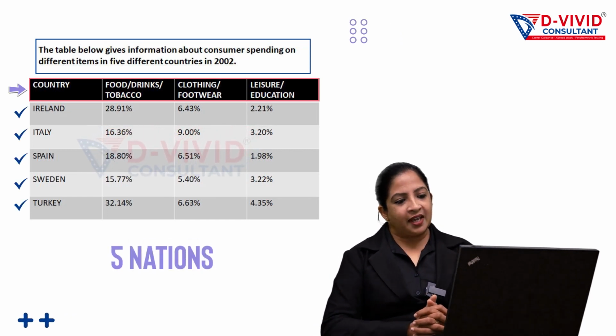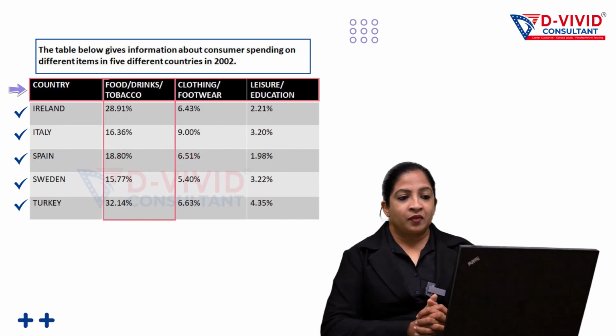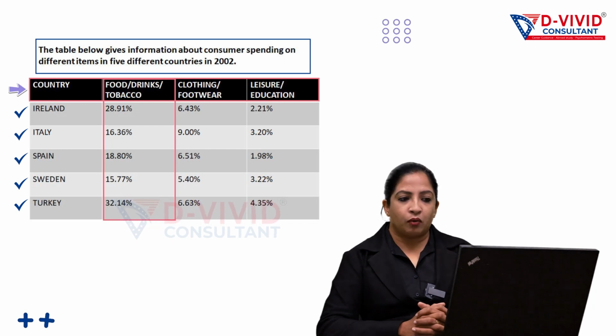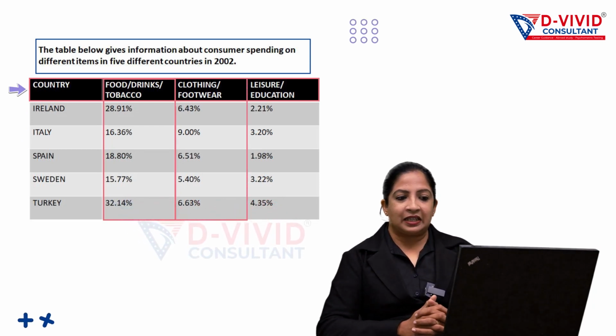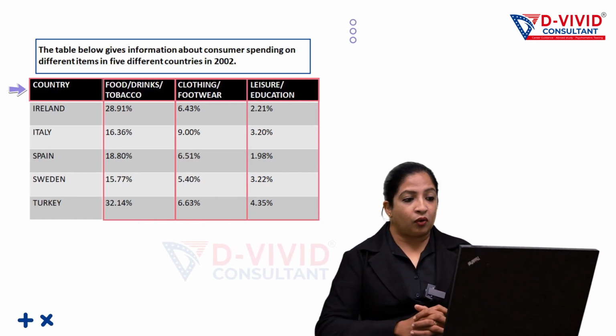Now when we look into the data, what do we observe? Food, drinks and tobacco are the ones on which people are spending the most. Then comes clothing and footwear, and the least amount is spent on leisure and education.